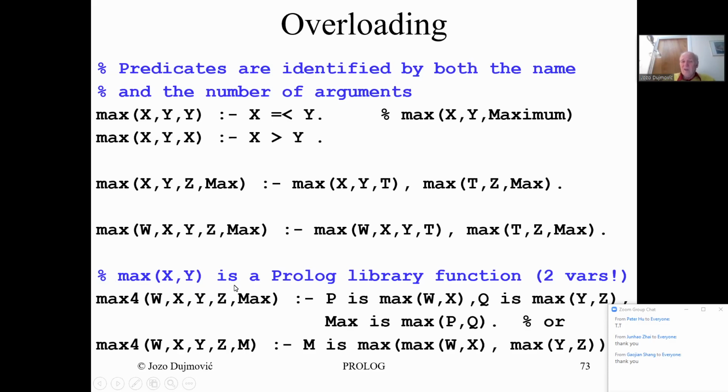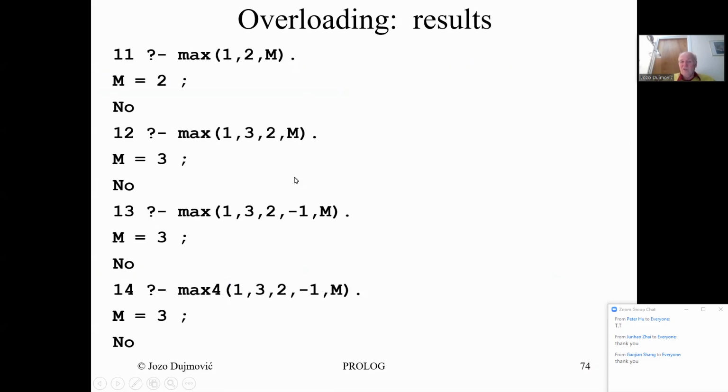It has no purpose. Or you have sine of x, and you say, I'm going to compute logarithm inside, not sine. That is not a good idea. But this is the legitimate way to do things, because this max has 2 variables and this one has 3. So these are two different things.